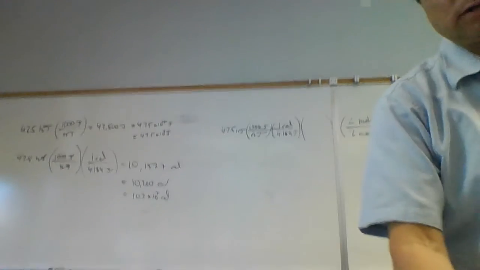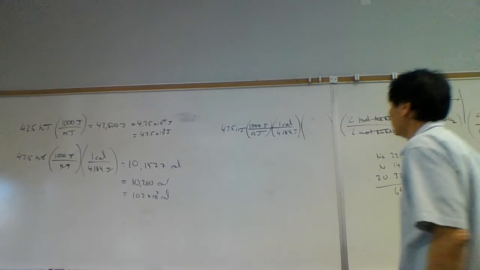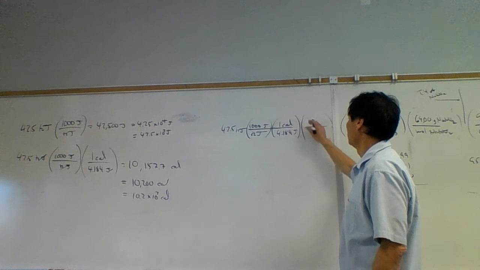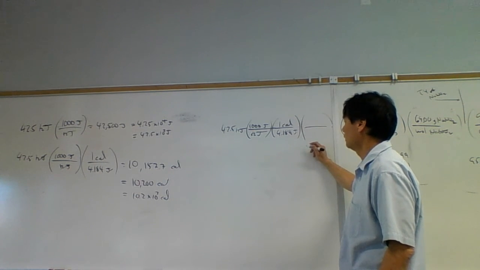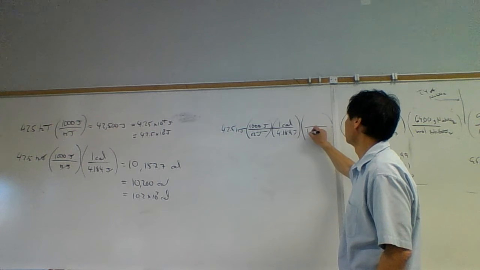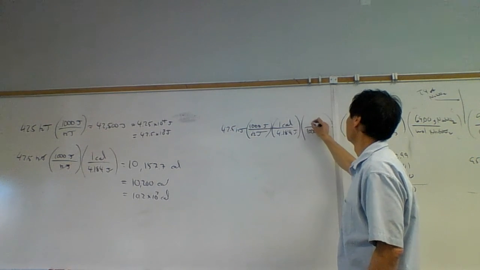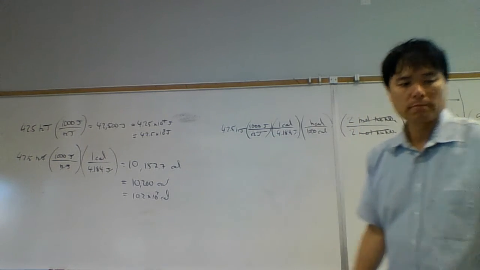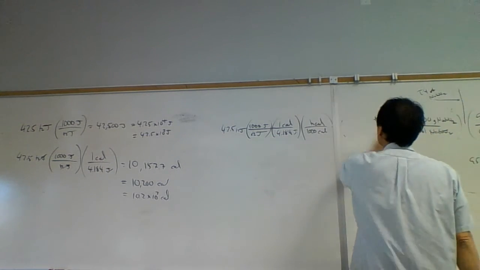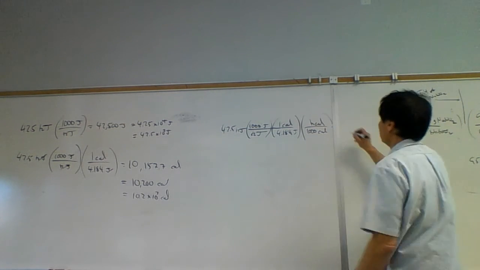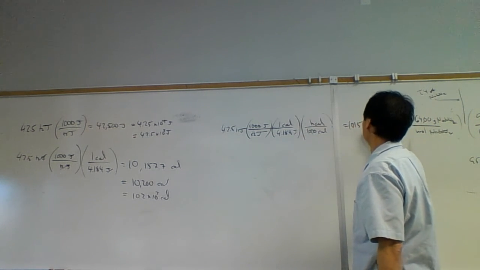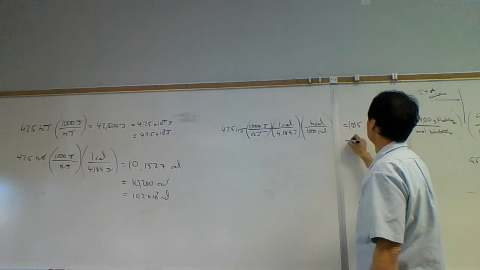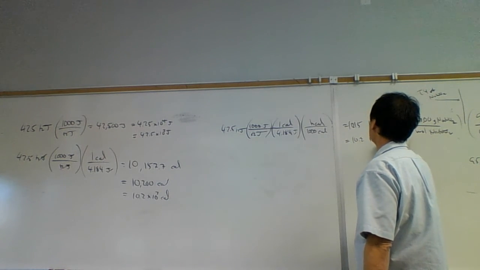Your book would do millijoules and millicalories. I don't want to do that. I just want this as the center. But then we're going to kilocalories, so there are 1,000 calories in a kilocalorie. So this would give us 10.15 kcal, which is equal to 10.2 kcal.